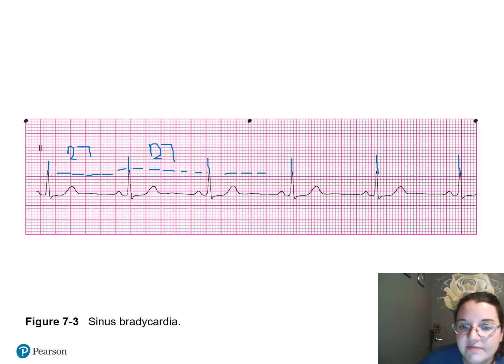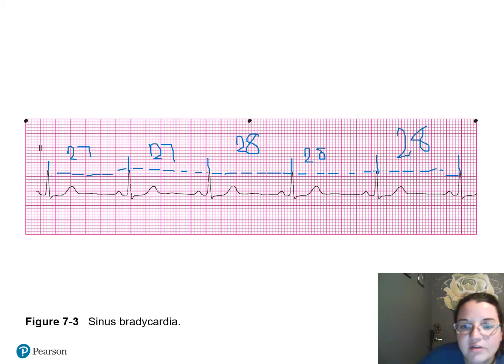5, 10, 15, 20, 24, 28. 5, 10, 15, 20, 25, 26, 27, 28. 5, 10, 15, 20, 25, 26, 27, 28.